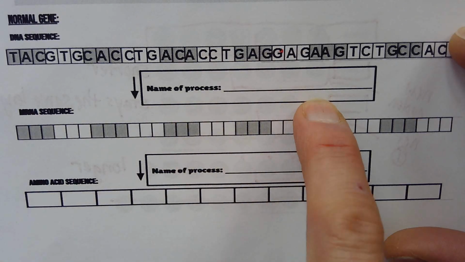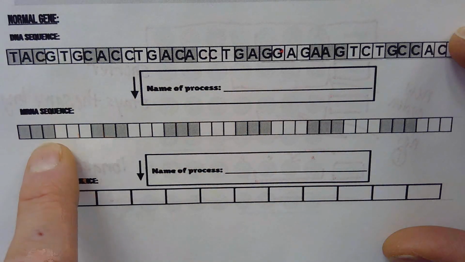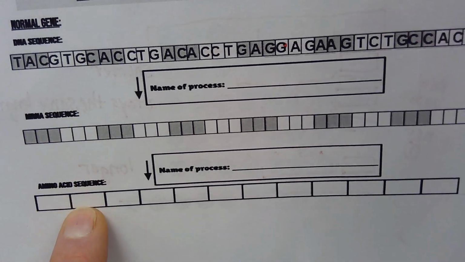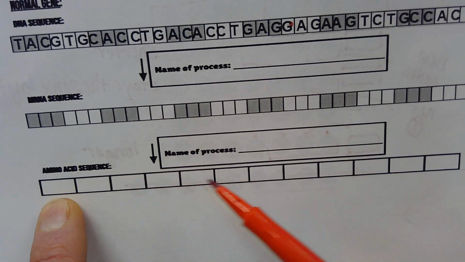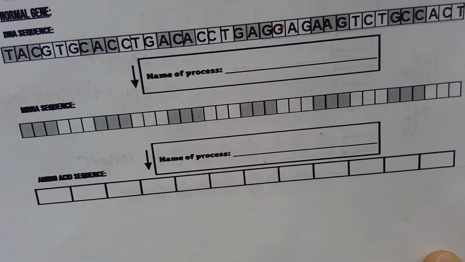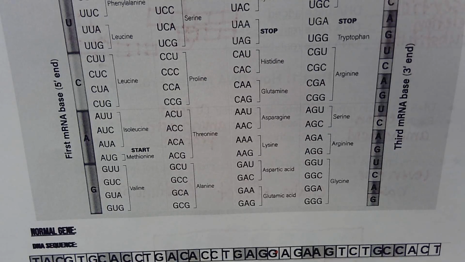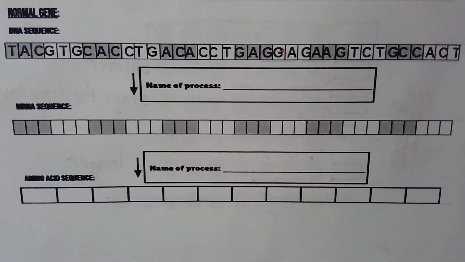Name the process of going from that DNA to that mRNA sequence. And then fill in what that amino acid is. What are those amino acids that are going to come from each of those codons using this table up here? Okay, so that's what you're going to have on the assessment. So go ahead, practice this.